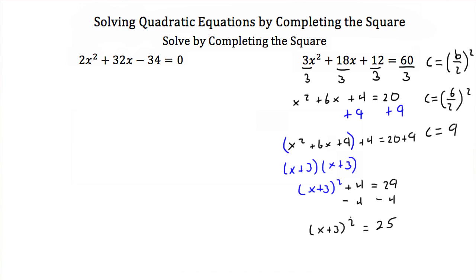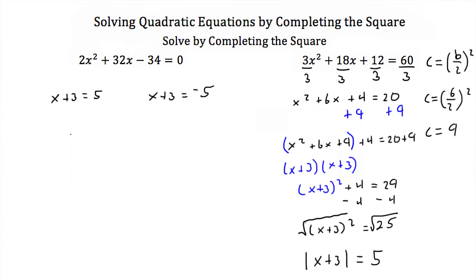Now if I want to solve for x, I have to take the square root of both sides to get rid of my square. If I take the square root of a square, I end up with the absolute value of x plus 3. And that's equal to the square root of 25, or just 5. Now when I drop the absolute value, I consider both the positive and negative versions. So I have x plus 3 is equal to 5, and x plus 3 is equal to negative 5.